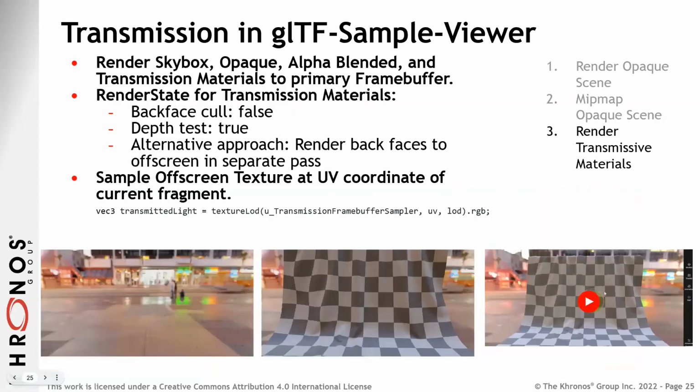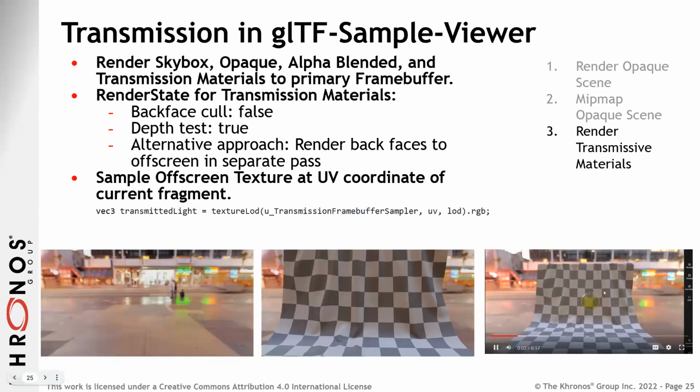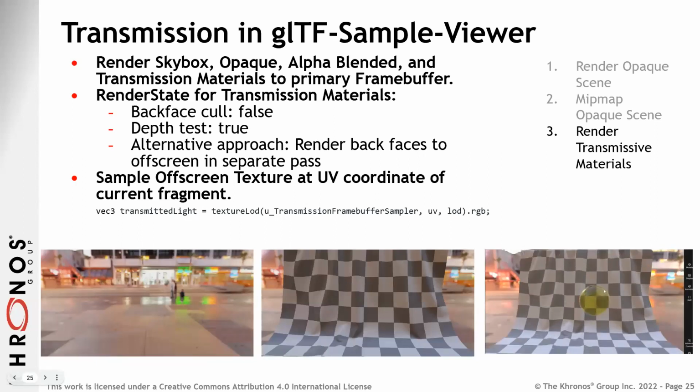So we have our off-screen opaque scene captured, and we've generated our MIP tree that we're going to use to sample based on roughness. And now we can render the whole scene again, but now we can actually process our transmissive fragments. So that's shown here from left to right. You render your skybox, all your opaques, and you render your transmission fragments.